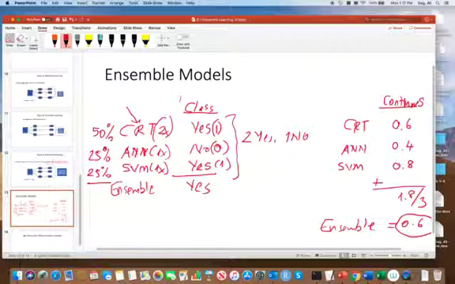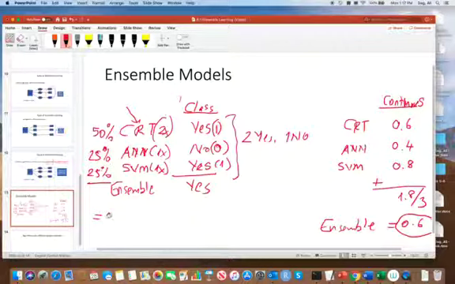1, 0, and 1. So what we will do is, we'll just multiply. That's what's called weighted average, right? In statistics and mathematics. I'm going to multiply this 50% by 1, and then 25% by 0, and then 25% by 1 again, okay?